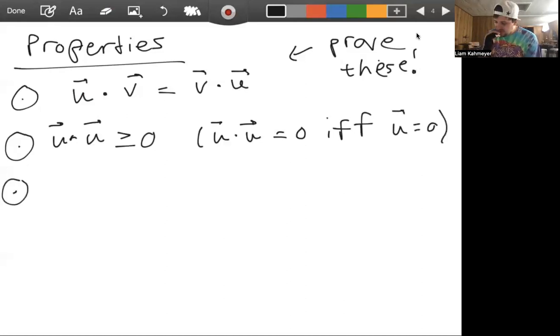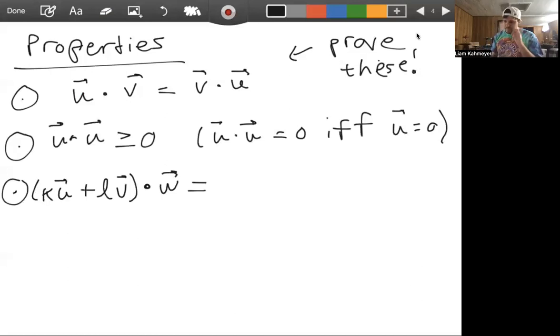We also have a linearity property here. So let's say we have a scalar k times u plus a scalar l times v, and then we're taking that with the dot product of some other vector w. Well, basically what we have is that the dot product distributes.